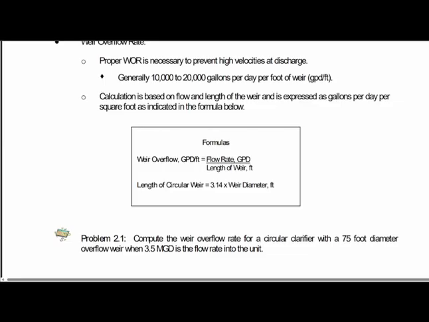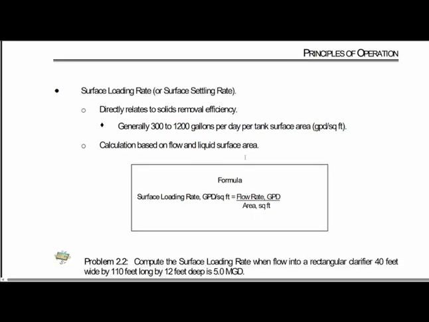And let's head down to surface loading rates. Surface loading rates or surface settling rates, those two are interchangeable, directly relate to solids removal efficiency. Surface loading is what floats to the surface, and surface settling is everything that falls down.